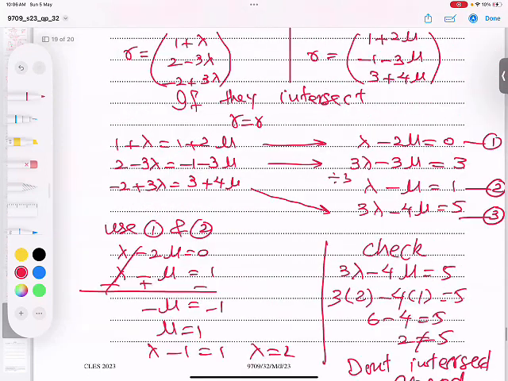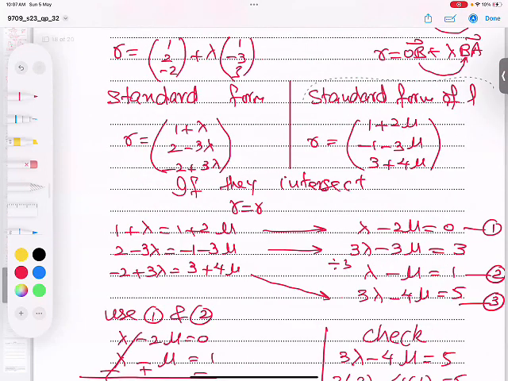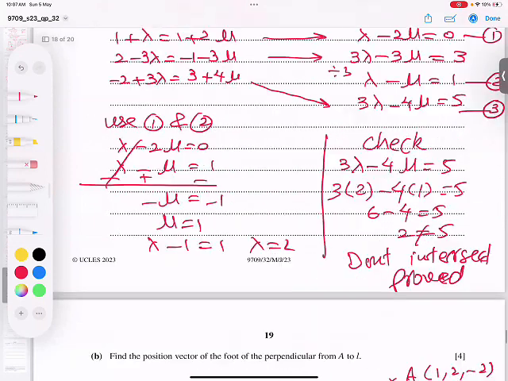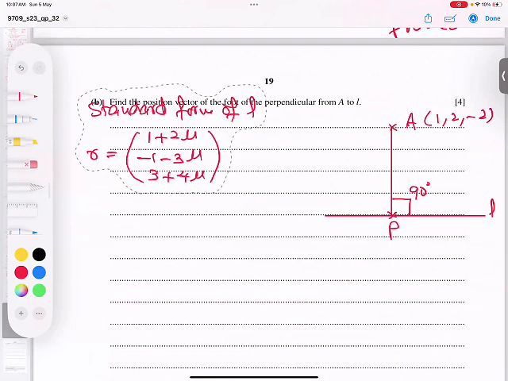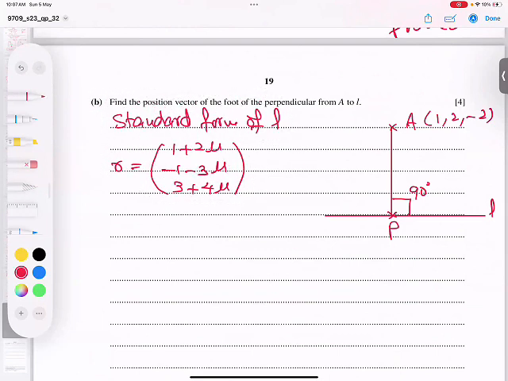And the standard form of line L, I will take from here. You can ask me one question: why do you take the standard form? The reason is that when I convert the line to standard form, it represents every point of line L. So we can say this is also the P coordinate.